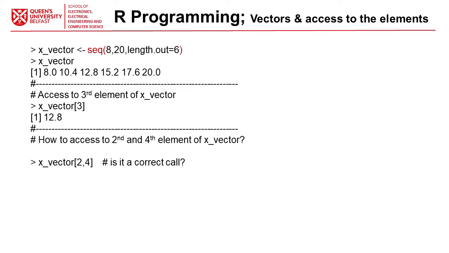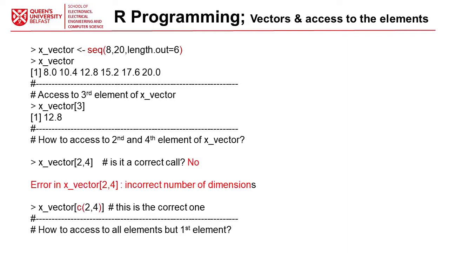No, if you put it this way, you get this error, because it's similar to accessing another dimension of the vector, which is not correct. So you have to use c to access the second and the fourth element of the vector.